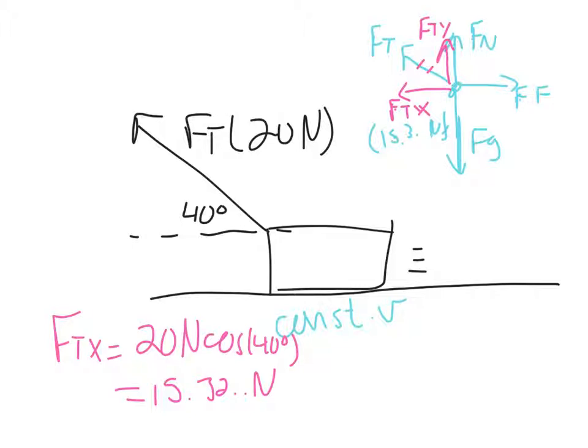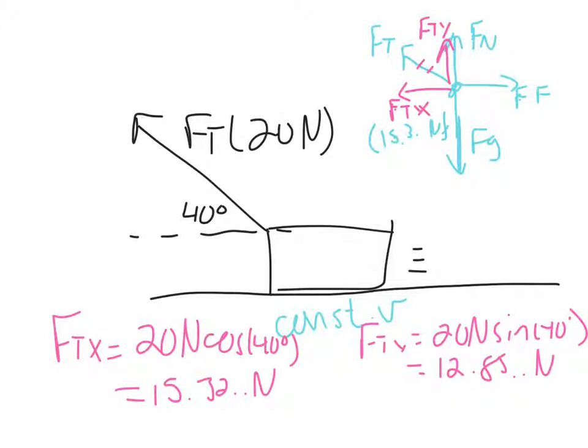The y component of my tension force, Fty, would equal 20 newtons times the sine of 40 degrees. So this equals 20 sine 40, 12.85 keeps on going newtons. So Fty, I'll write this in a different color, 12.8 keeps on going newtons.